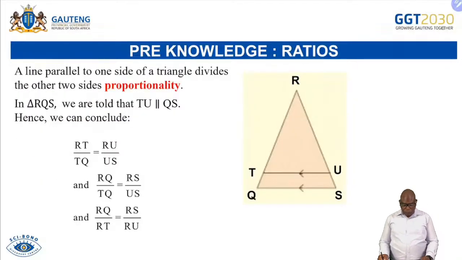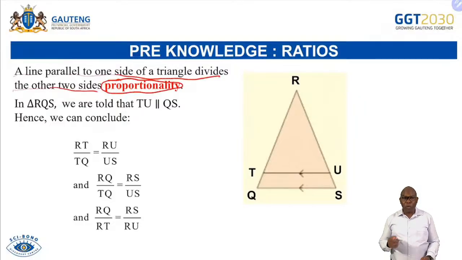Now, look at this. Now I'm having a line. Remember, we also need to know this theorem in words, because you can be asked to complete the theorem. A line parallel to one side of a triangle divides the other two sides, and that can be missing.